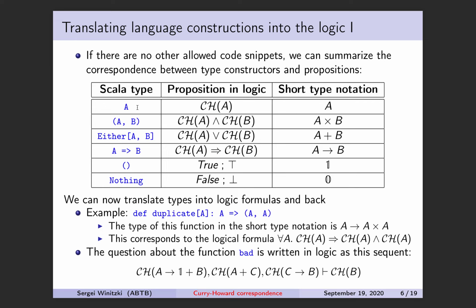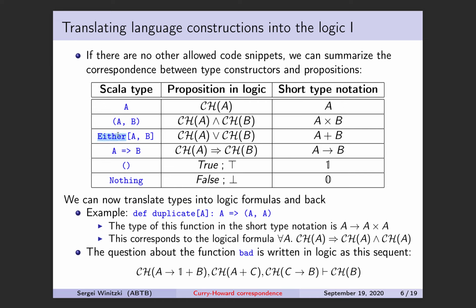And we can see easily that the correspondence between the tuple type and the operation and, or conjunction, in logic is that you can have a value of the tuple type only if you have a value of type A and you have a value of type B. You can have a value of the either type if you have a value of type A or if you have a value of type B. So this is an or operation or disjunction.